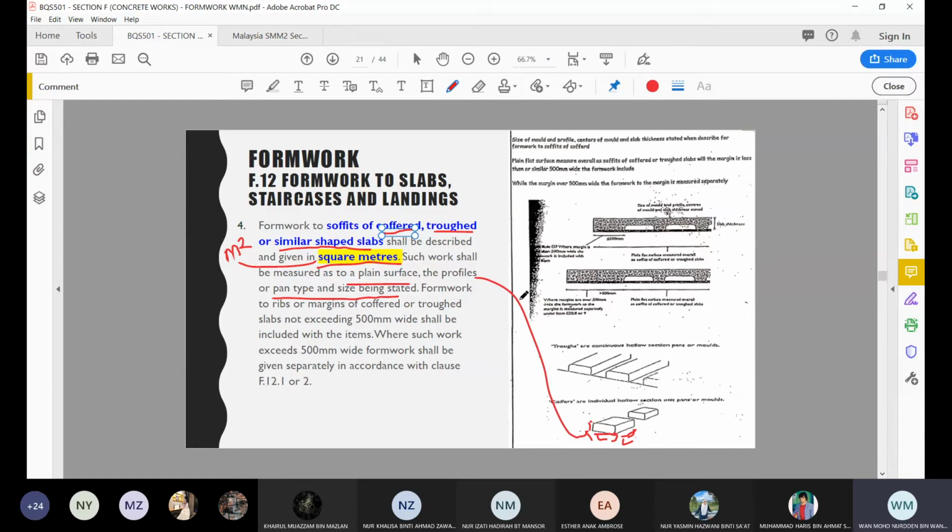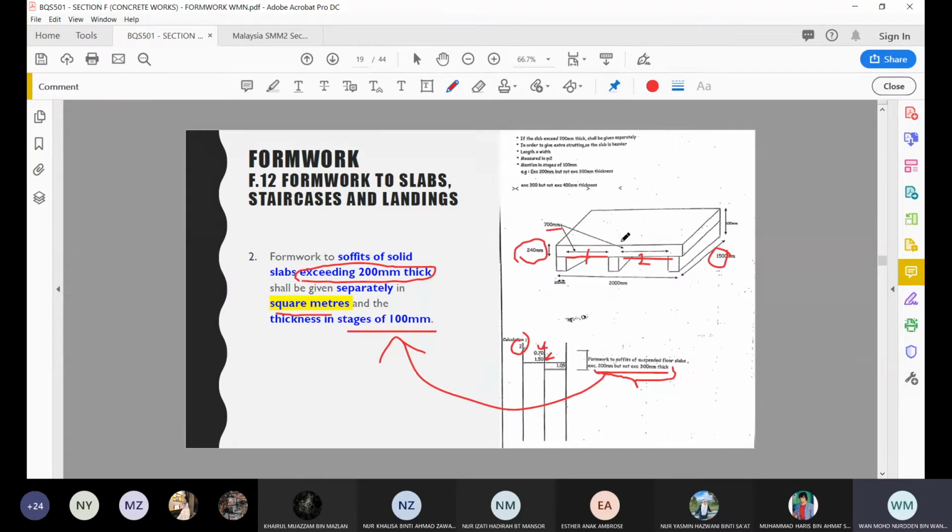O2 tu maksudnya ikut kepada ketebalan dia lah. Okay. Maksudnya kat sini, formwork to rib or margin of coffered or trough slab exceeding 500 mm wide. Okay. Maksudnya, kita punya coffered tu, yang petak tu, lebih daripada 500 mm. Okay. So, ini perlu dikira berasingan. Berasingan as if macam kita buat formwork yang biasa untuk yang ni.